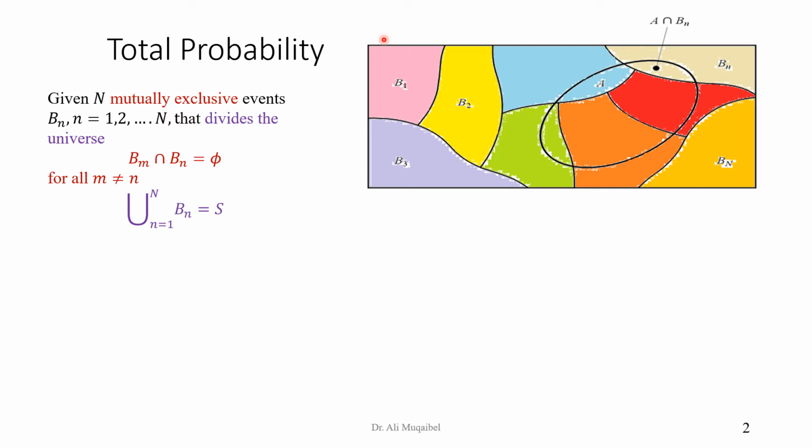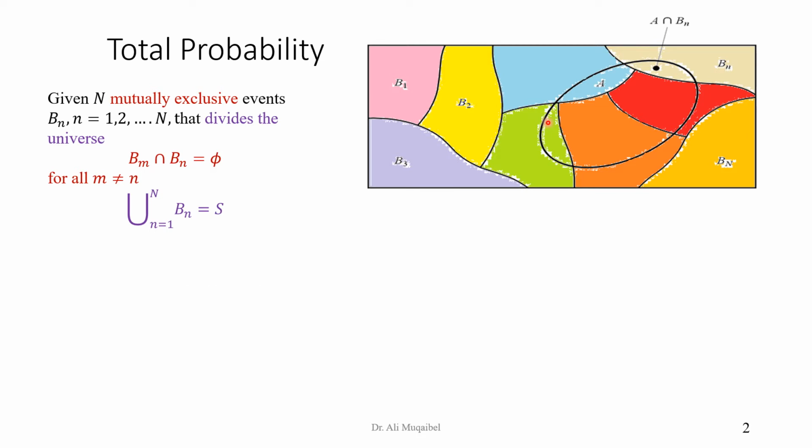So the intersection will be the set itself. We're just giving the basics. We're saying we have a universe, and this universe is divided into mutually exclusive events B1 up to Bn. Divide the universe means if you take the union of them, you're going to get the universe. This is in math expression.